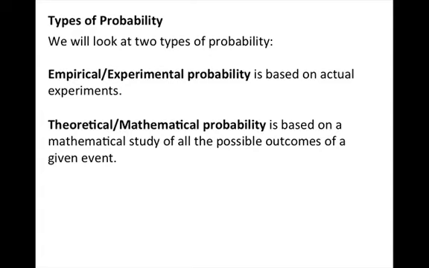So with the experimental, we're based on actual data. You go out and you keep track of how many times a certain event happened, and then use that data to find your probability. With theoretical or mathematical, you're just using math knowledge, and we'll look at some examples of that to say if you did this experiment long enough, what should the probability be?